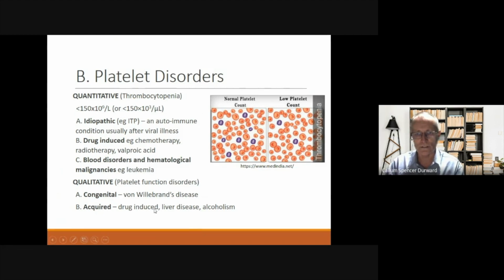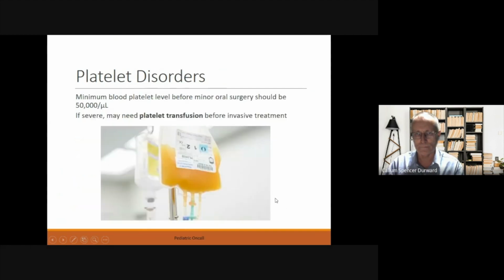Qualitative conditions include congenital, such as von Willebrand's disease, and acquired, such as drug-induced, liver disease and alcoholism. The minimum platelet blood level before oral surgery should be at least 50,000 per microliter. In severe cases, the patient may need a blood transfusion before invasive treatment.